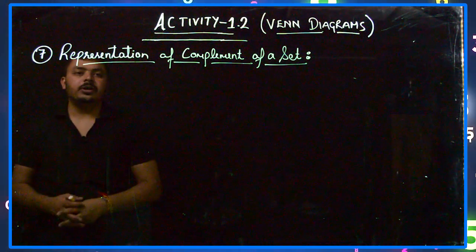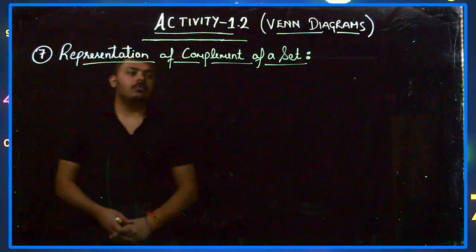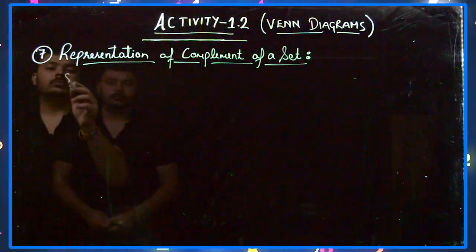Now our seventh point is representation of complement of a set.